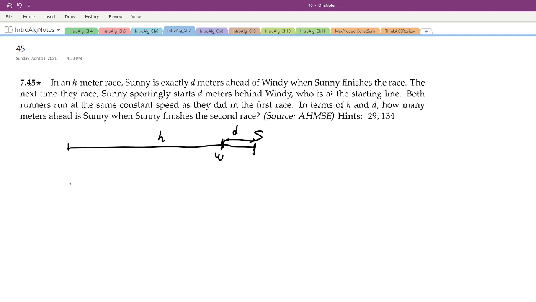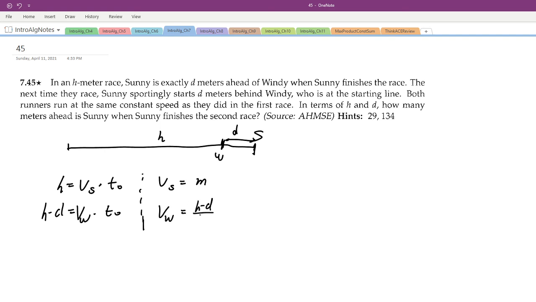Let's set up the first equation: h equals the Sunny speed times t0, and in this case, h minus d equals the Windy speed times t0, right? The same thing, we can parameterize the speed. If the Sunny speed is m, then the Windy speed is h minus d over h times m.